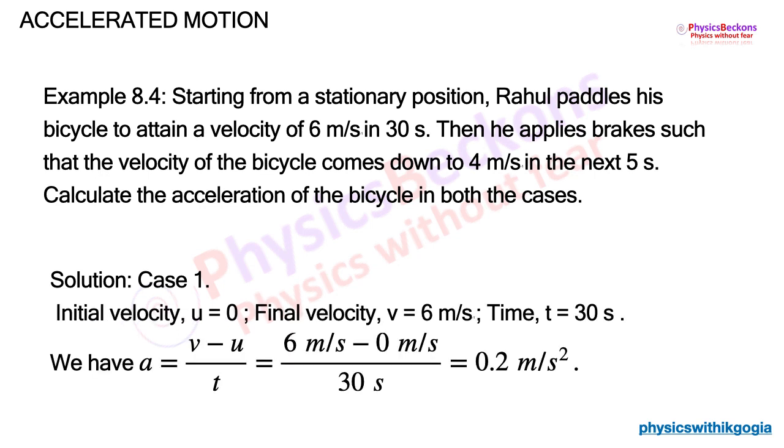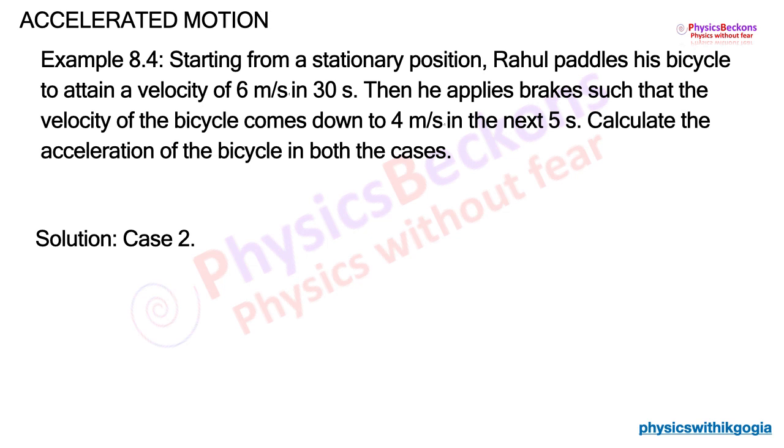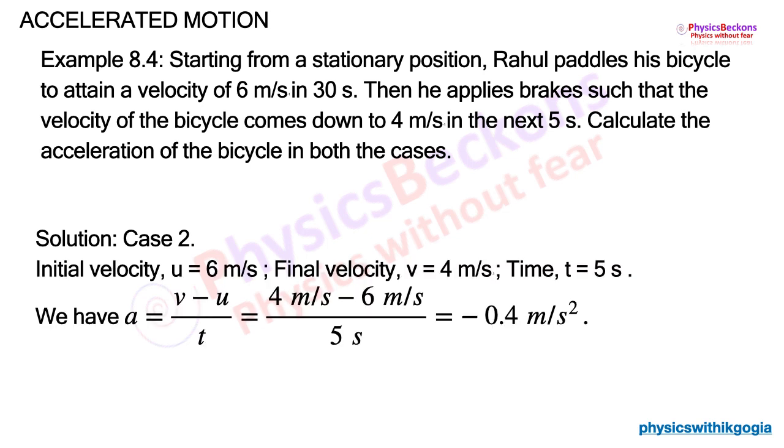Case 1, you have initial velocity u equal to 0, final velocity v is 6 meter per second, time is 30 seconds. So acceleration v minus u over t comes out to be 0.2 meter per second square. Positive acceleration means the acceleration is in the direction of motion of the body. Second case, the initial velocity is 6 meter per second, final velocity is 4 meter per second, time is 5 seconds.